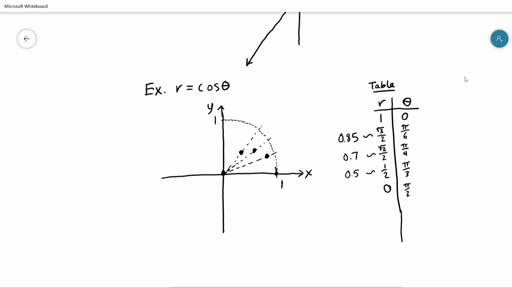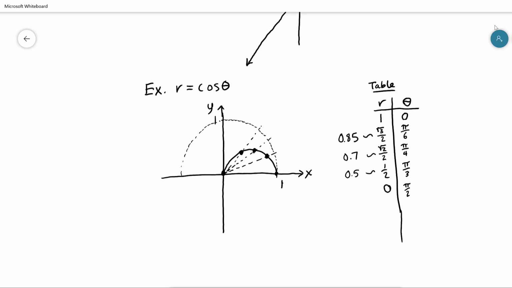And what we get is a shape that goes through those points. And if we continued to the angles over here in the second quadrant, we would get this same list of numbers. If I did, for example, 2 pi over 3, so the angle over here, we would continue to get a lot of these same numbers, but in the reverse order.